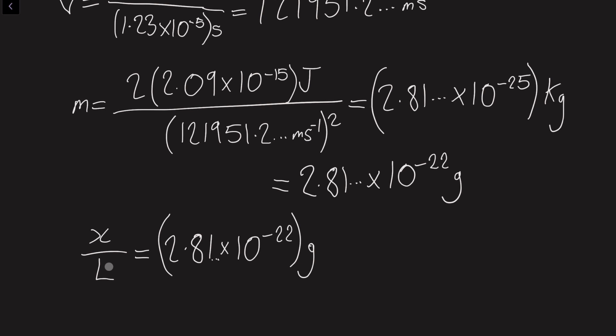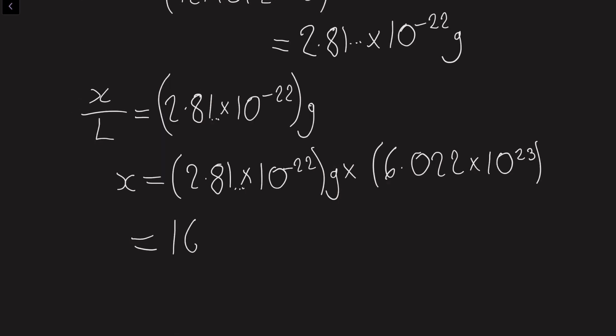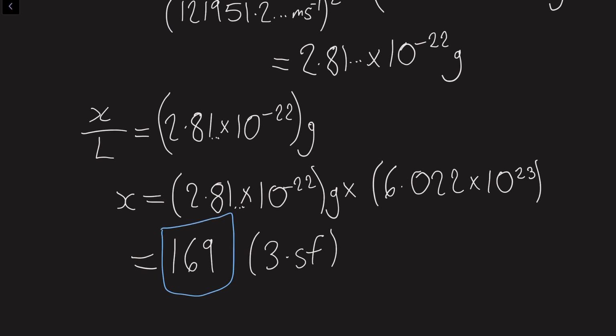So now we're doing the opposite. We're trying to find the mass number. So to find the mass number, we have to multiply the mass in grams by the Avogadro's constant, 6.022 times 10 to the power 23. And the answer to this is 169 to 3 significant figures. And that's the final answer.